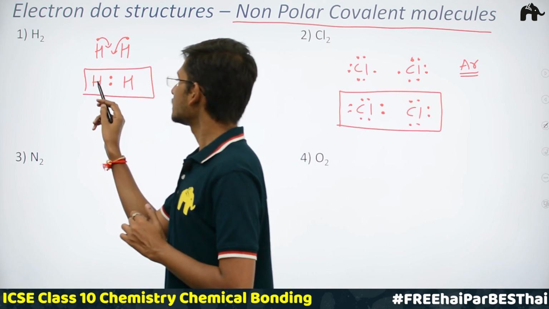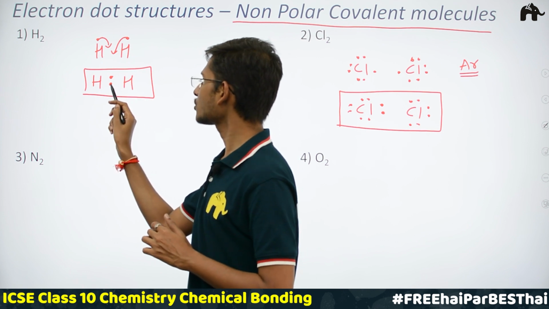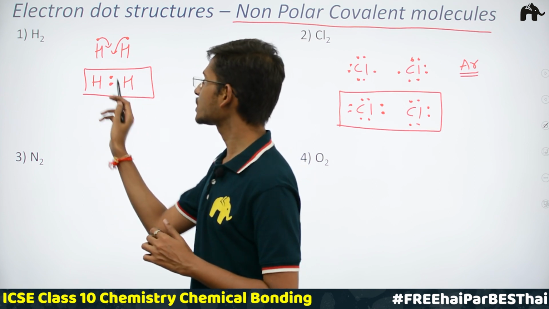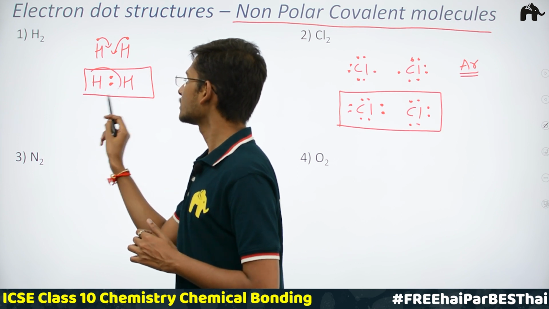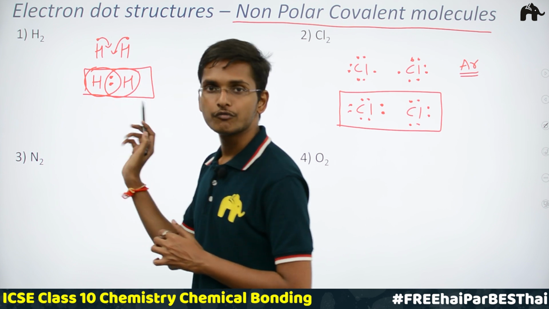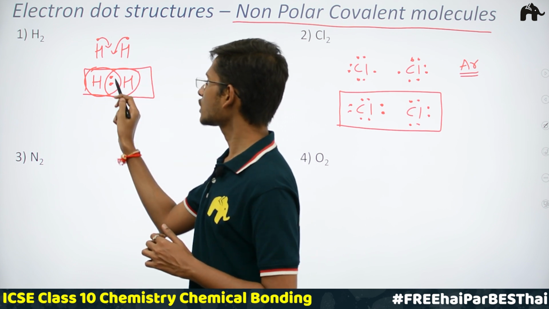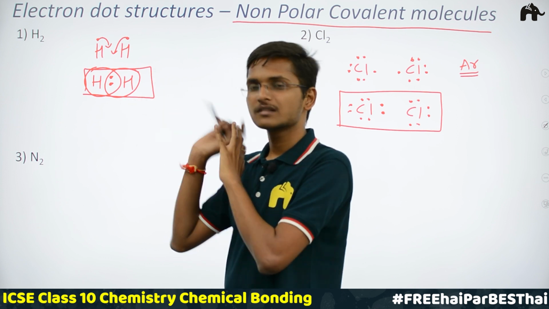Why? Because this electron is this hydrogen's own electron, and this electron is that hydrogen's own electron, but they have shared their electrons with each other. So this hydrogen has 2 electrons with it and has attained a duplet. This hydrogen also has 2 electrons with it, so it has also attained a duplet. This we have learnt in orbit structures.